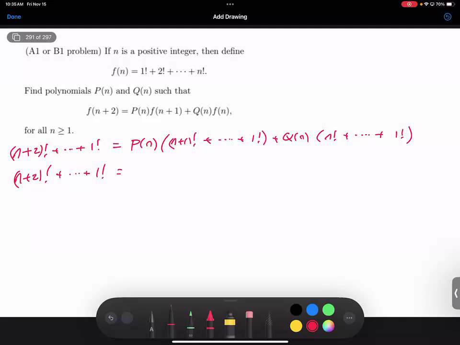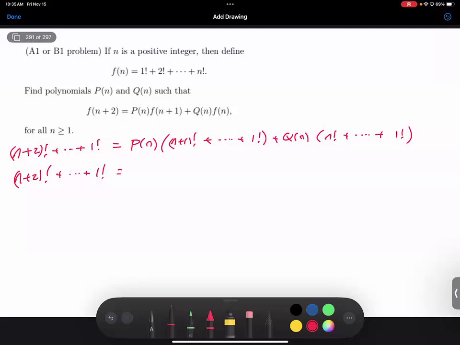Like, I think you could set, let's say, Qn equal to 0 and Pn equal to n plus 2. Good. So I was actually thinking about starting with Pn equals n plus 2, and that would fix the first term.